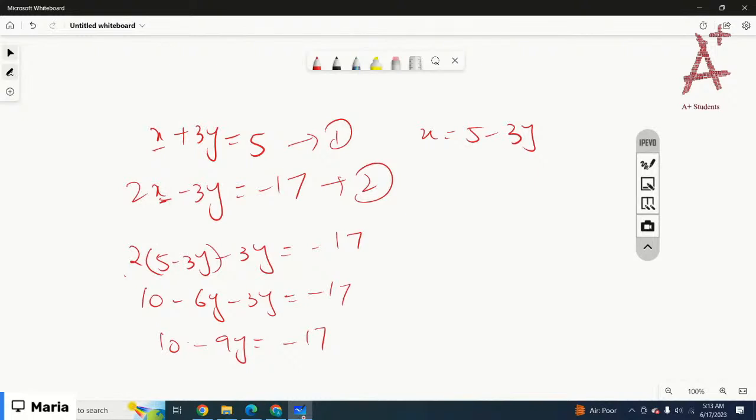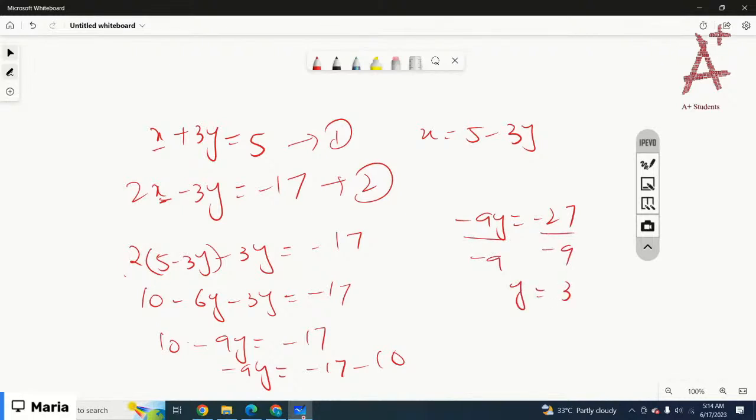Move 10 to the other side, so negative 9y equals negative 17 minus 10, which is negative 27. Divide both sides by negative 9, so y equals 3.